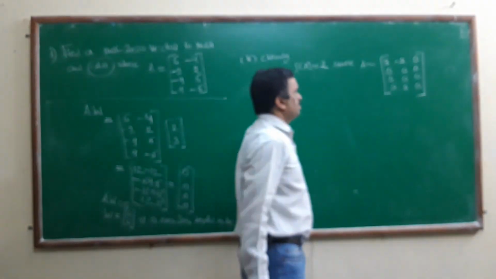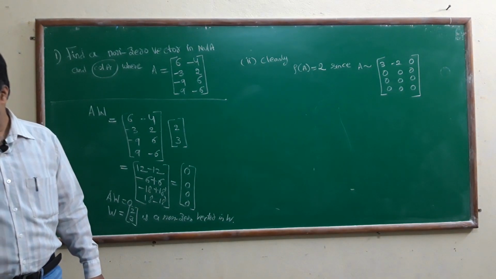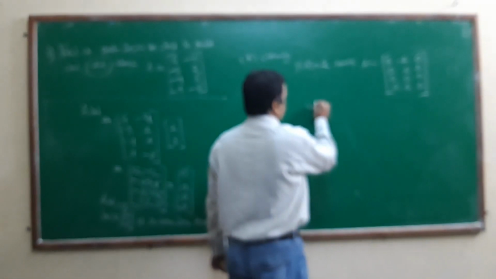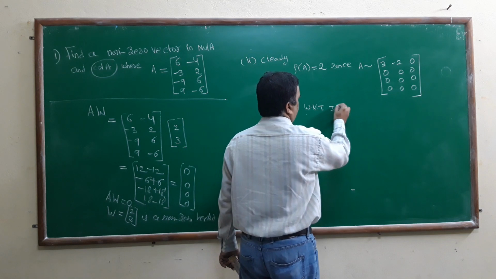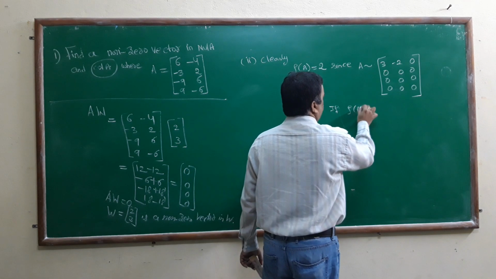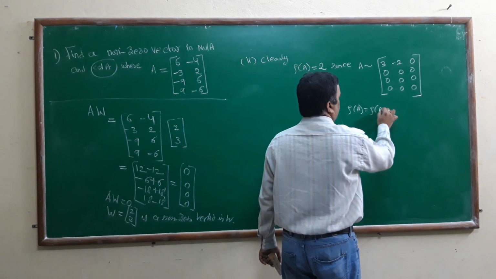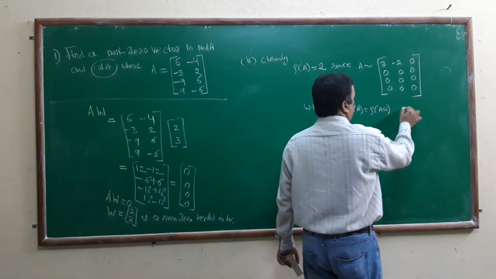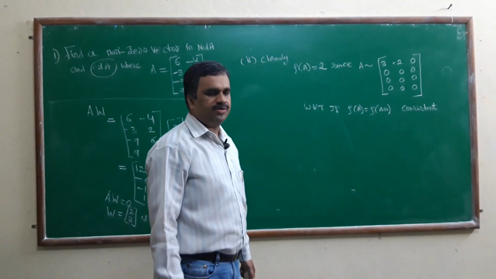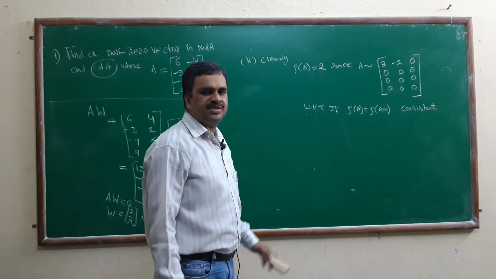We got rank of A is equal to 2. To say, we know that if rank of A is equal to rank of AW, then we can say it is consistent.